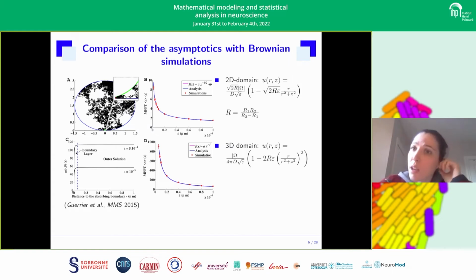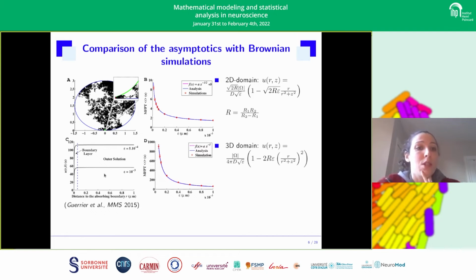So this is exactly what we were expecting, because we know that most of the time for the mean first passage time to a small target, the mean time to reach the target, if you're far from a boundary layer, is constant. And then the constant here would be given by, in 2D, square root of 2 pi times omega over d square root of epsilon. And in 3D, omega over 4 pi d square root of epsilon.